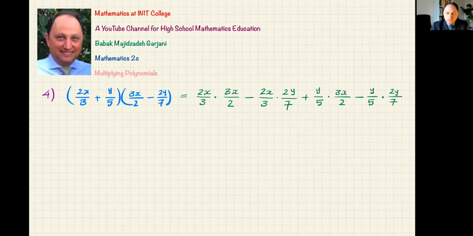So here, for me, it doesn't matter if you write this intermediate step. If you can do it quickly in your brain, it's even much better. Okay, so what can I do here? For example, in principle, I can multiply these two in the numerator and these two in the denominator. So in the numerator, you get 6x squared. In the denominator, you get 6.